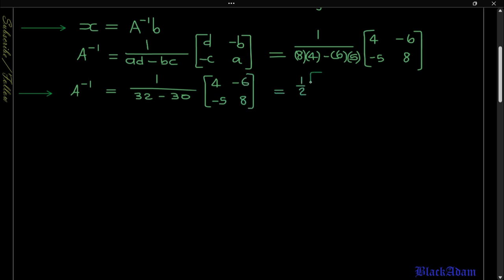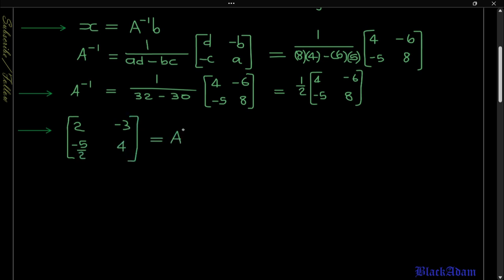That will mean 32 minus 30 is 2, so it's 1 over 2 times the matrix 4, -6, -5, and 8. So that's a half. A half of 4 is going to be 2, and then we write 2 there. Half of -6, -6 over 2, is going to be -3, and so forth. So half of -5 is -5 over 2, half of 8 is 4.